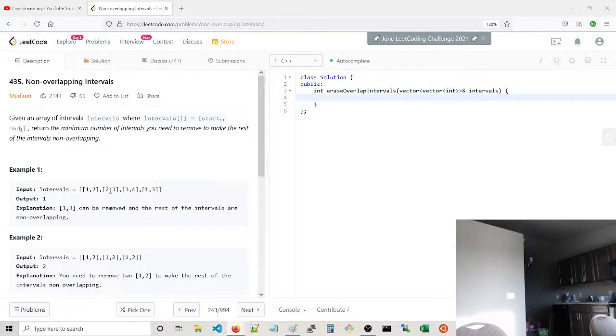But the problem is that we don't know anymore which of these nodes has the largest number of overlapping intervals.